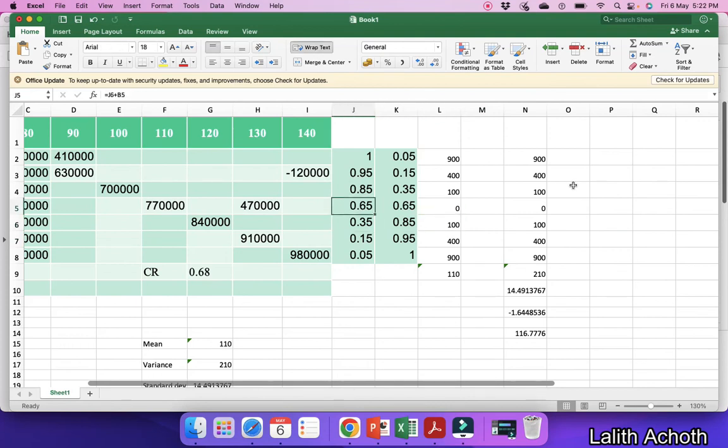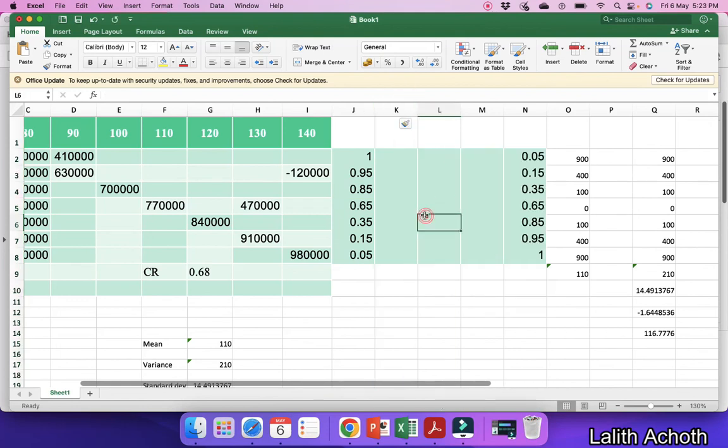Yes, this 0.68 is somewhere between this and this. Okay, so now let us calculate the values that we want to work out. Now I'll call this marginal profit, and I'll call this marginal loss.